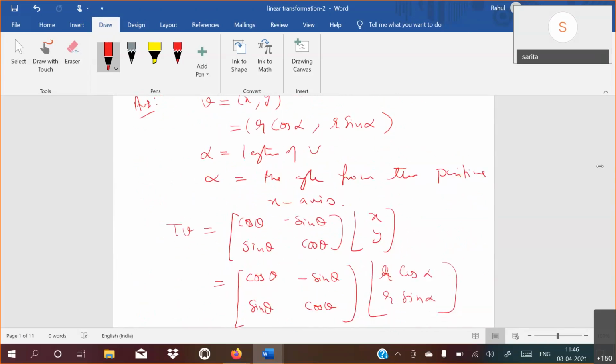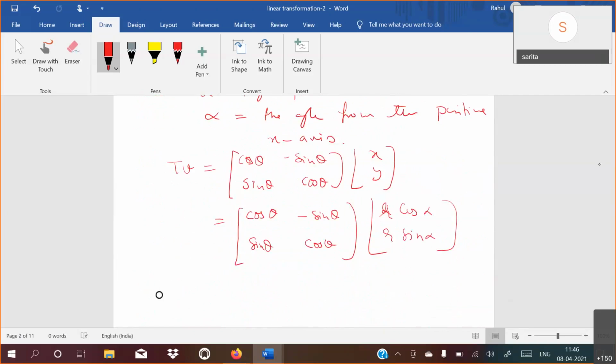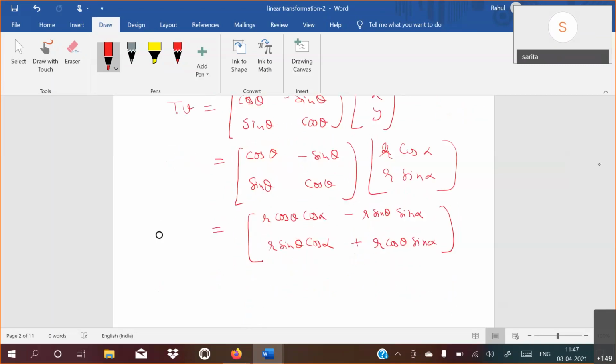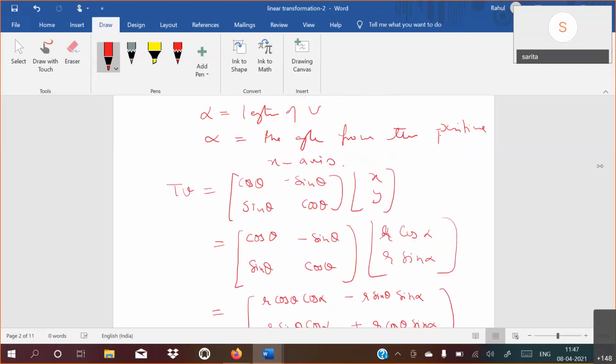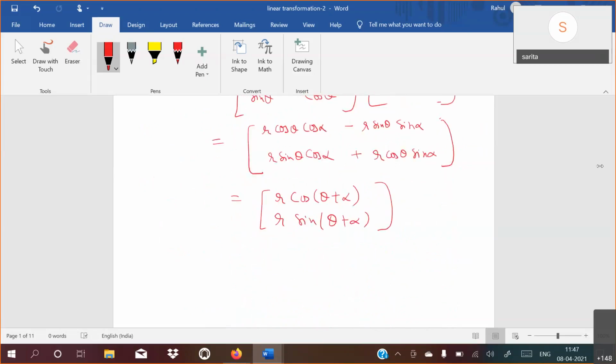If we multiply, this becomes this, and if I open this, this becomes r cos theta cos alpha minus r sin theta sin alpha, and r sin theta cos alpha plus r cos theta sin alpha, and this can be written as r cos(theta plus alpha) and r sin(theta plus alpha). Therefore, this whole thing is actually rotated. Earlier it was only alpha, now it is theta plus alpha. So the transformation can do this.